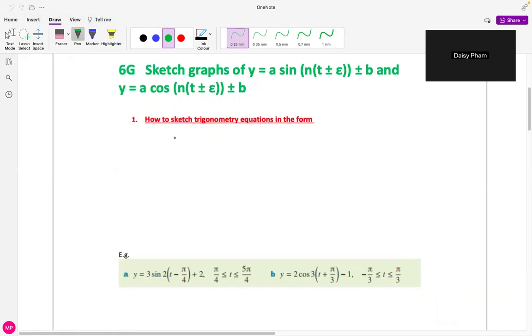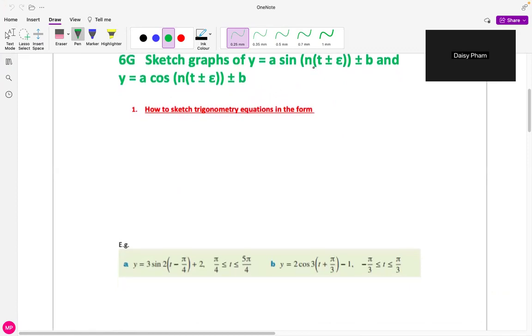All right. So if you watched the previous video, we talked about the dilation. We just haven't considered the vertical translation, so I'm going to summarize all the steps again. Step one is you find the amplitude, which is the number in front of sine or cos, as you can see here, is A. Now with the range, because the amplitude equals A, the range will be negative A to A. Okay, now because you do have B as the vertical translation, that will affect your range.